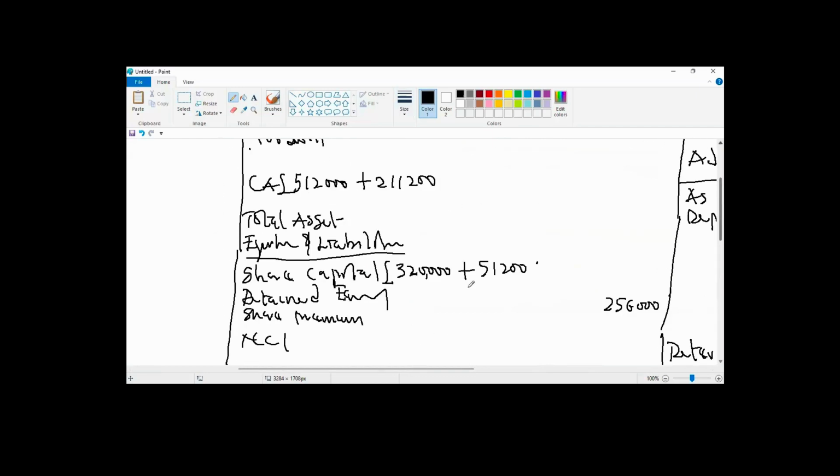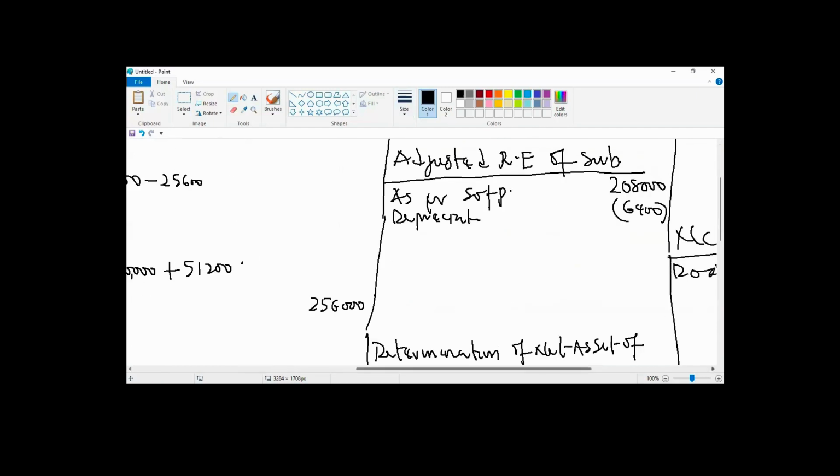Non-current assets: 25,600 unrealized profits. I will debit retained earnings of the seller, which happens to be the subsidiary. Unrealized profit. Go to the cost of sales and the revenue.